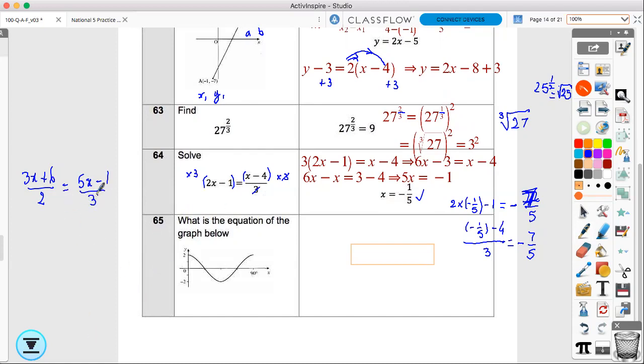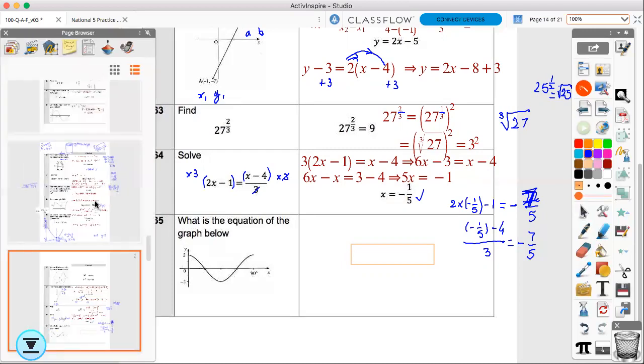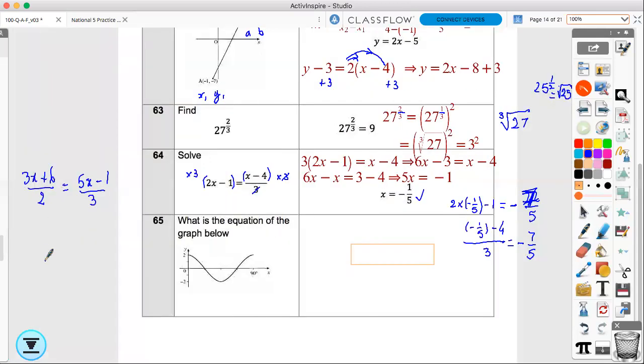So what you do is you get rid of the 3 here by timing by 3 both sides. So you end up crossing that 3 here. So it becomes 3 times 3x plus 6 equal, you cross that 2 on that side, 2 times 5x minus 1.